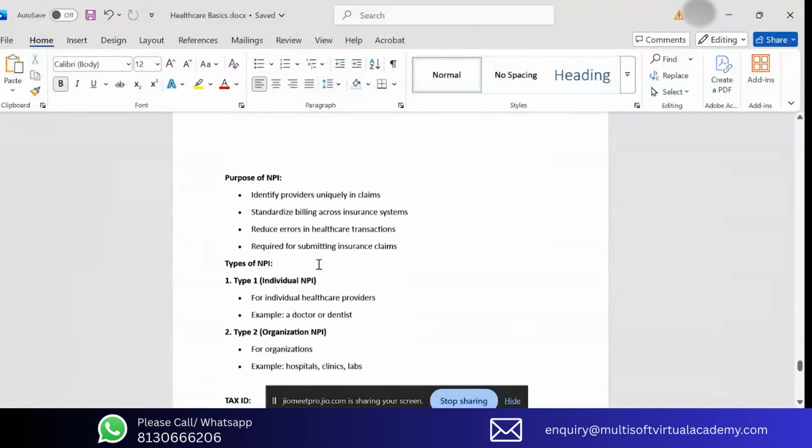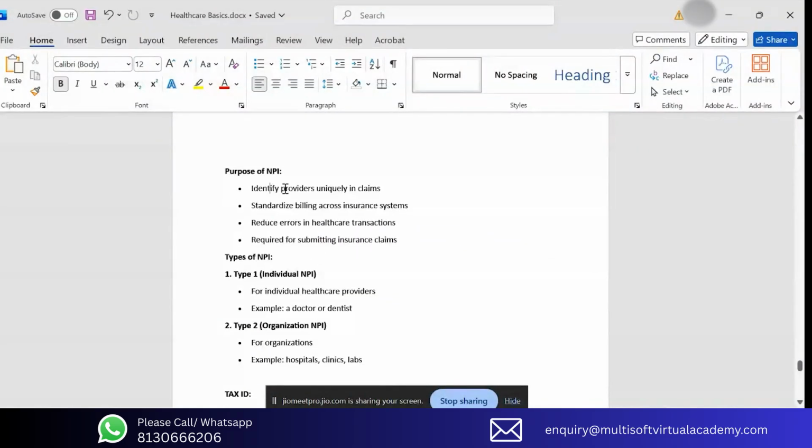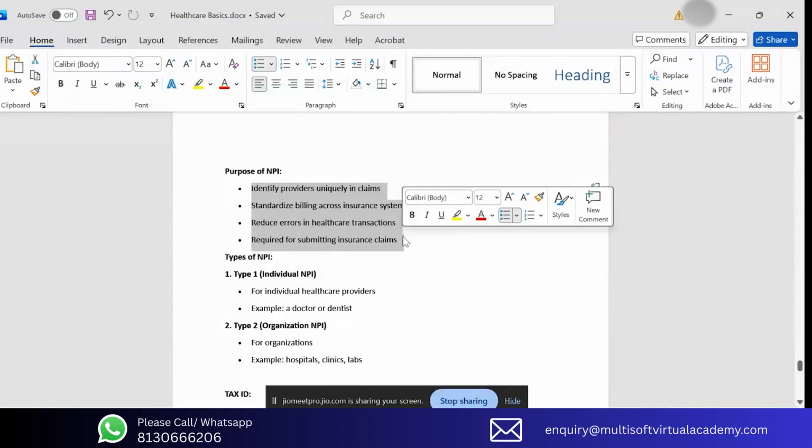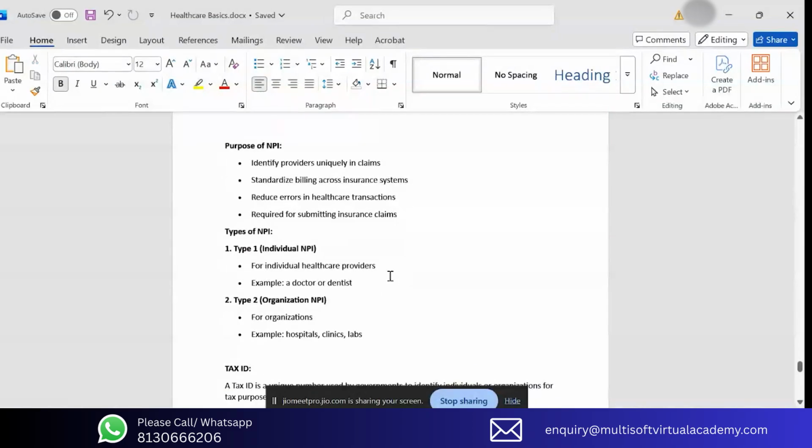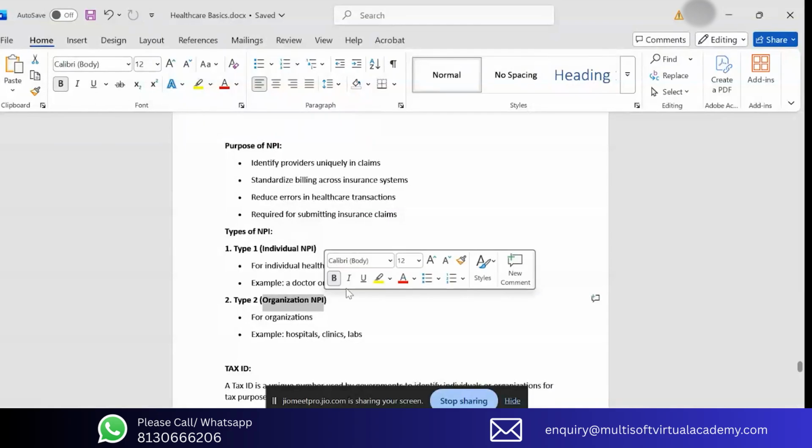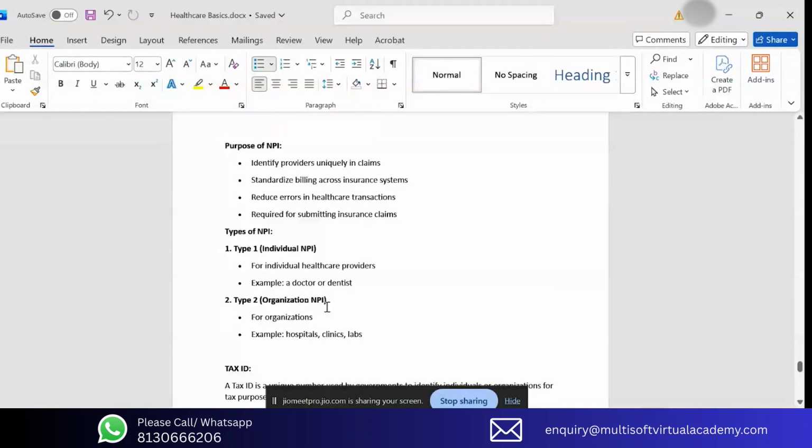So what is the purpose of NPI? To identify providers, standardization, billing, reducing errors, and it is required for submitting insurance claims. What are the types of NPI? Individual NPI and organizational NPI. Individual NPI is for a doctor or dentist, and organizational NPI is for hospitals, clinics, and labs.